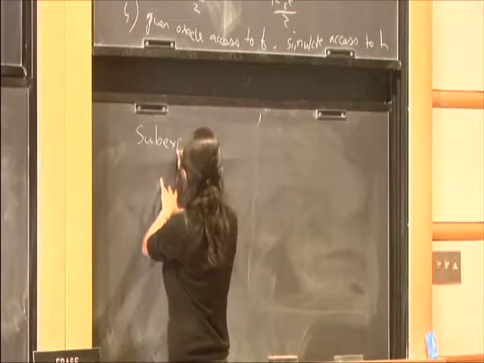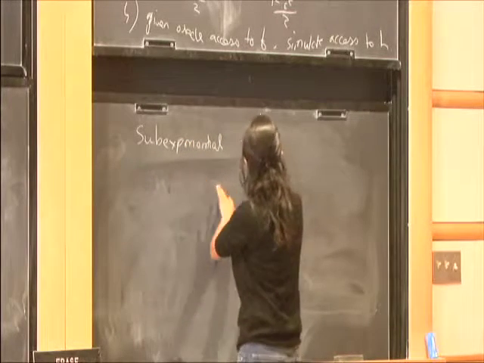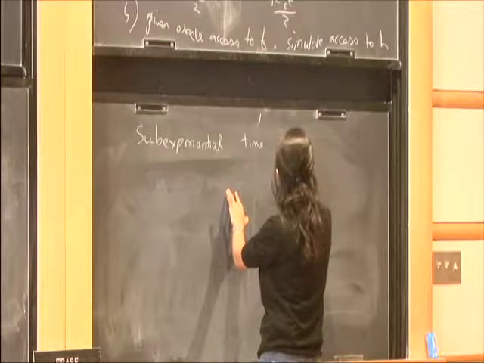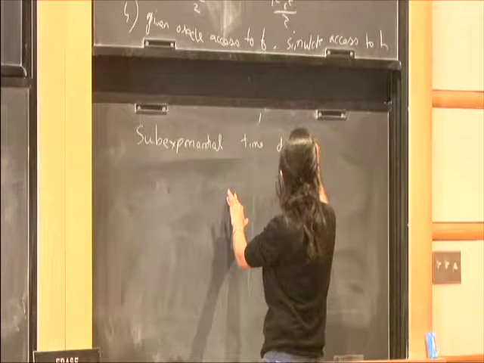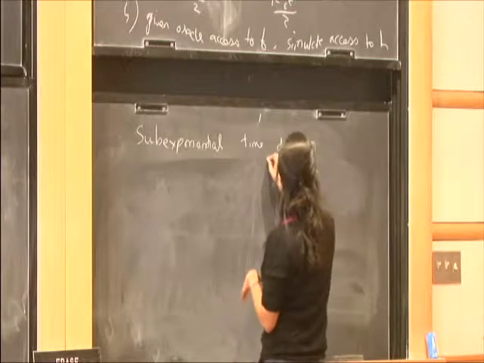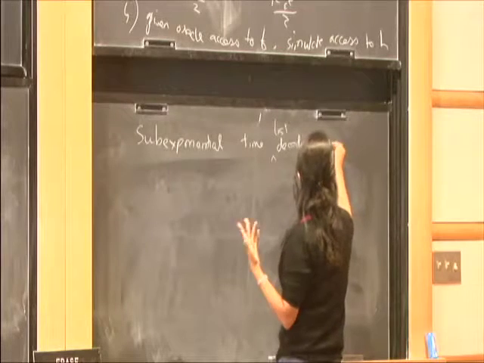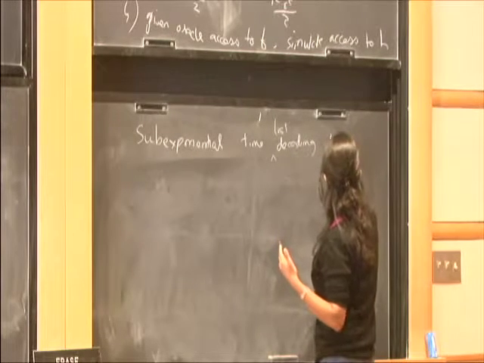We give a sub-exponential time decoding, and this could be sub-exponential time even list decoding from worst case errors.